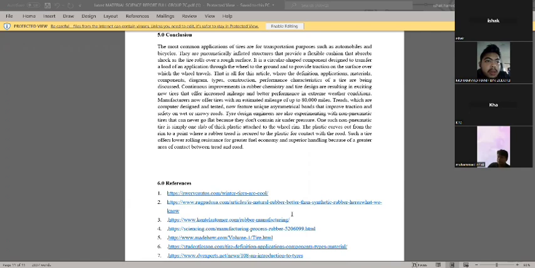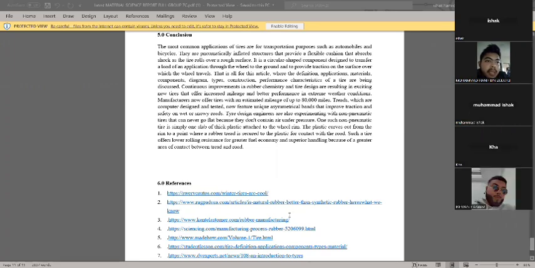Tires which are computer designed and tested now feature unique asymmetrical bands that improve traction and safety on wet or snowy roads. Such a tire offers lower rolling resistance, better fuel economy, and superior handling because of a greater area of contact between tire and road.